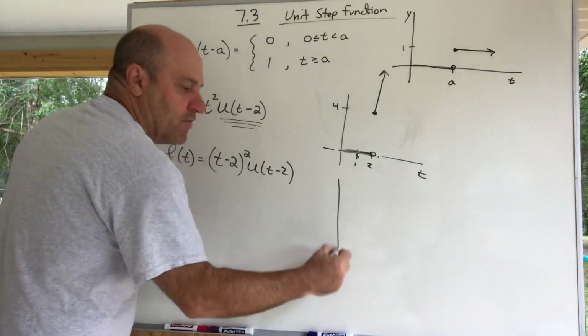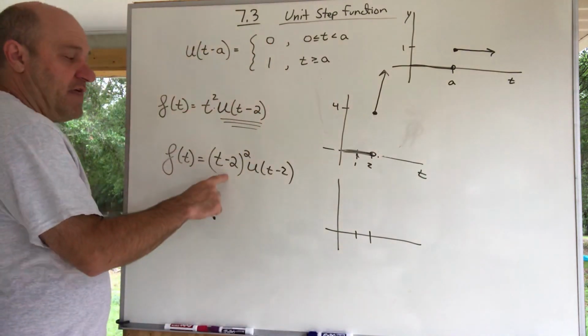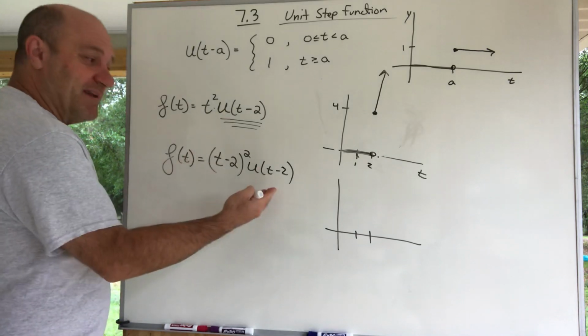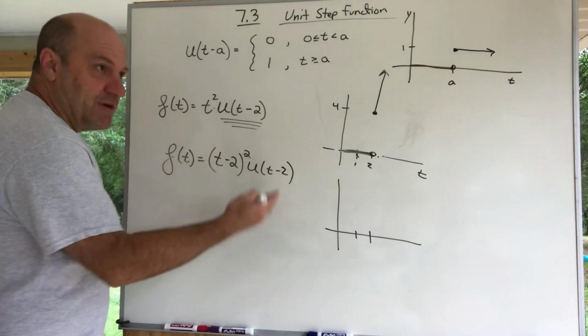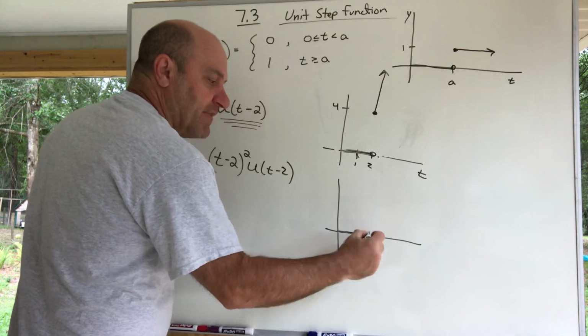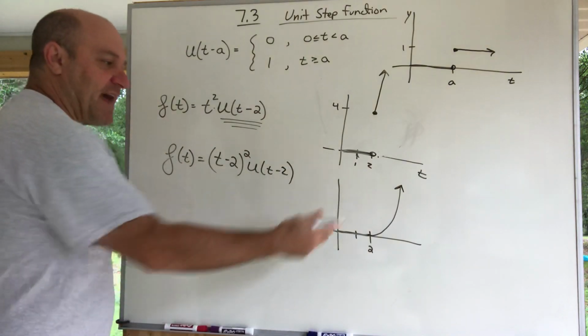That is what I started to draw a few minutes ago. That's a parabola that's shifted over 2. But it doesn't get turned on until 2. So that's this. It's a 0 until you get to 2. But then the parabola gets turned on. So that's that classic picture.